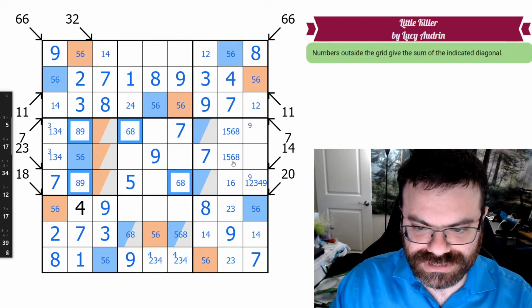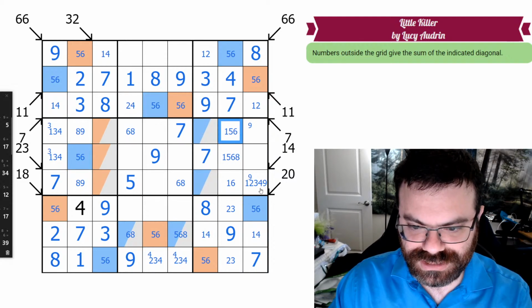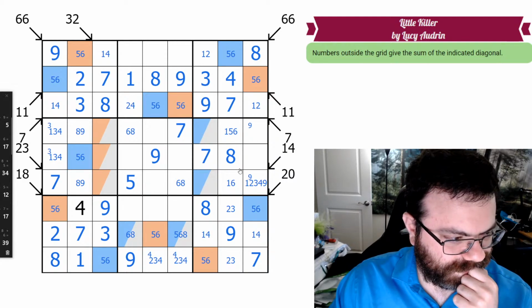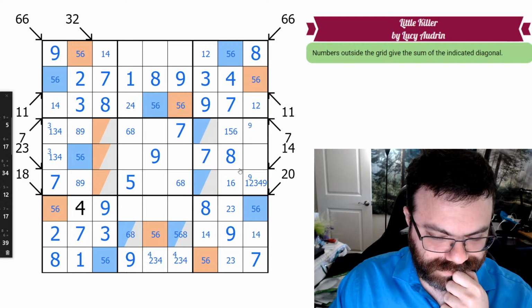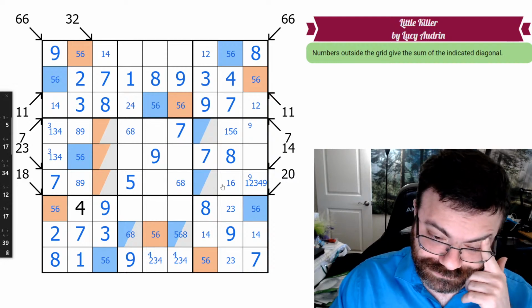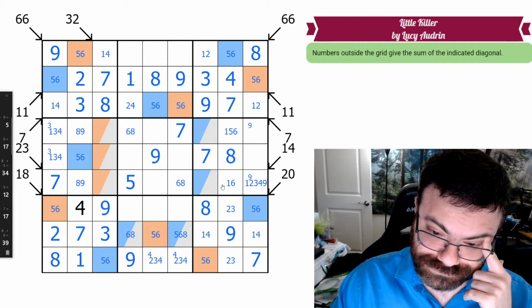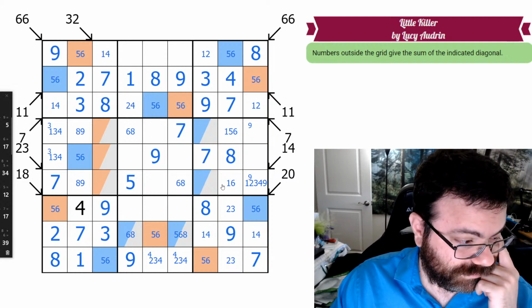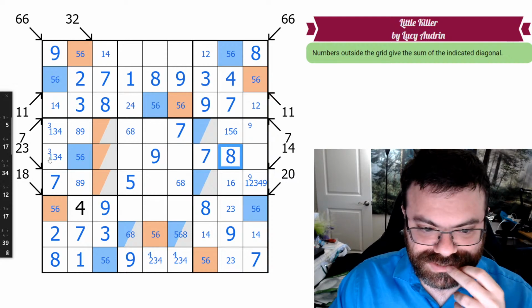Yeah, these 8s do line up. So that's not an 8. Oh, that places this 8. It's a hidden single 8 in the row.